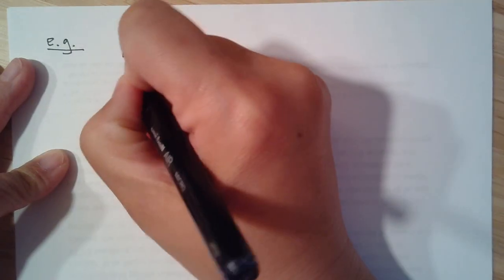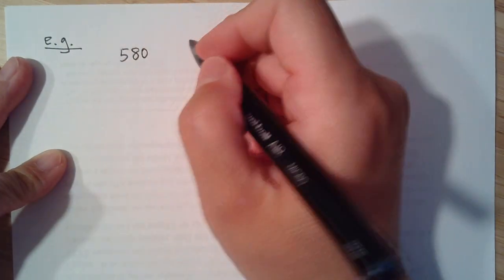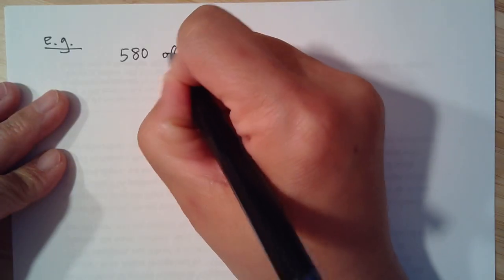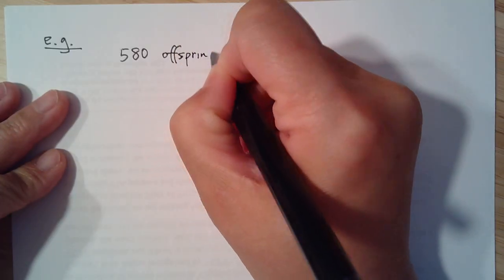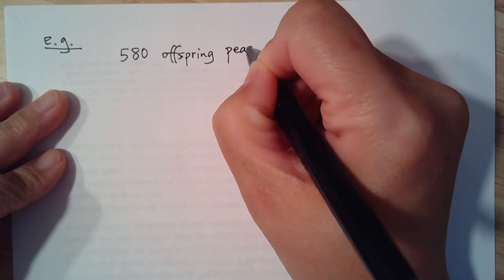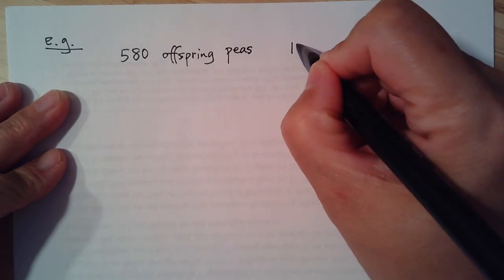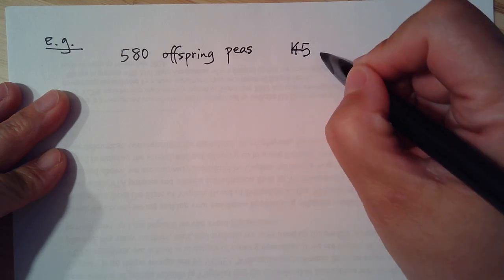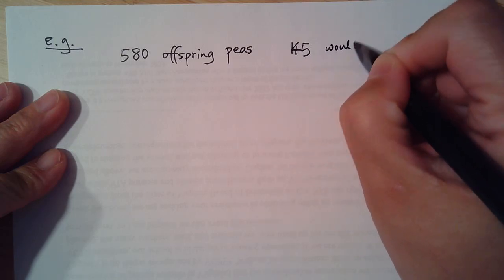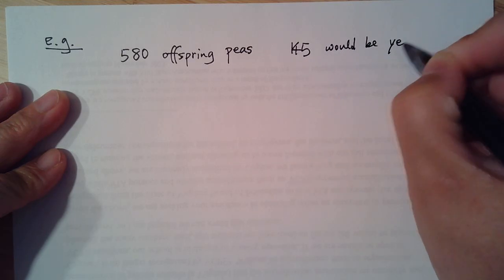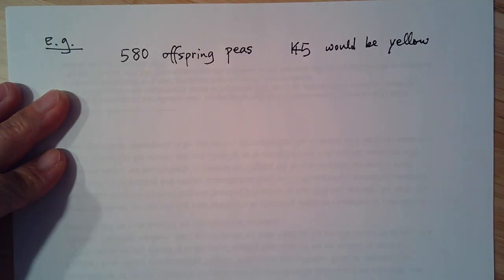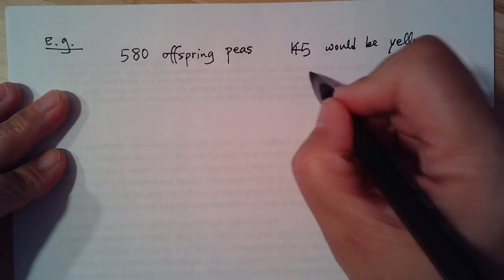In one of Mendel's famous hybridization experiments, he expected that among 580 offspring peas, 145 would be yellow, that is 25%.